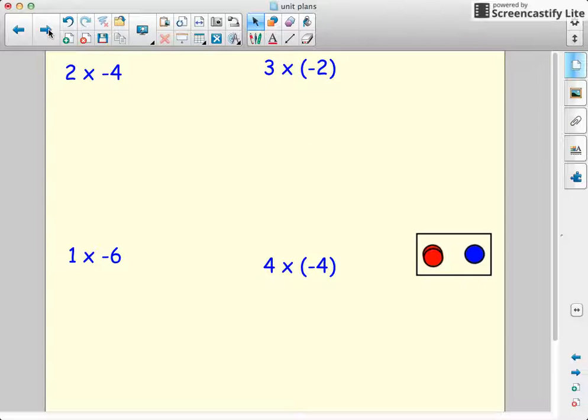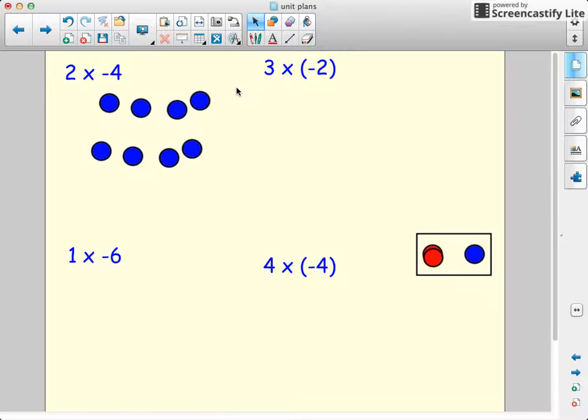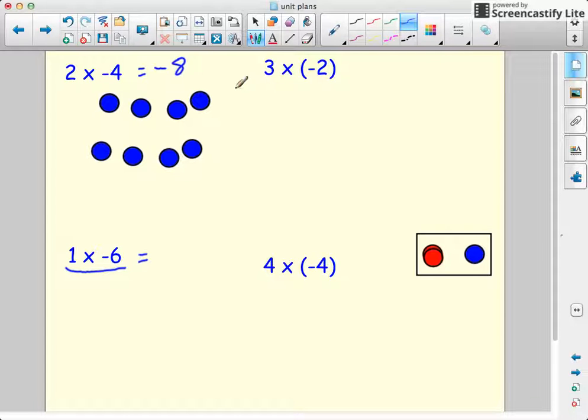This one says I have 2 groups of -4. So I have -4 chips. And I have 2 groups of that. So in total, I have -8. Okay, this one down here, I have 1 group of -6, which would just give me -6 in total. So we're going to model those.